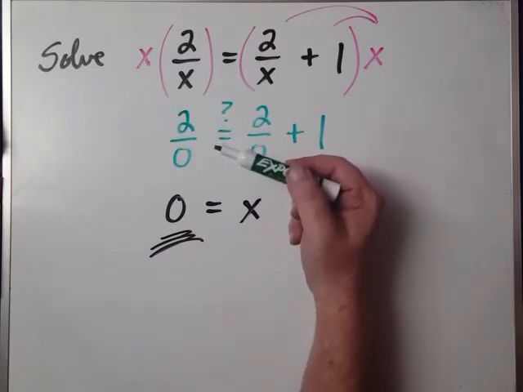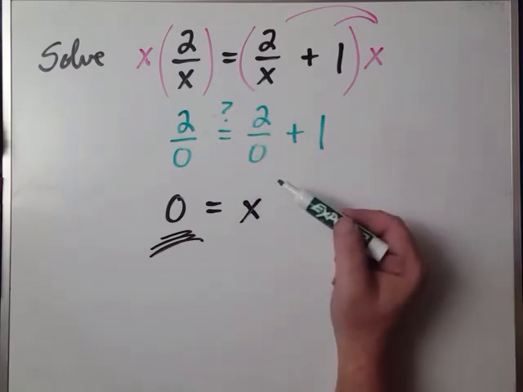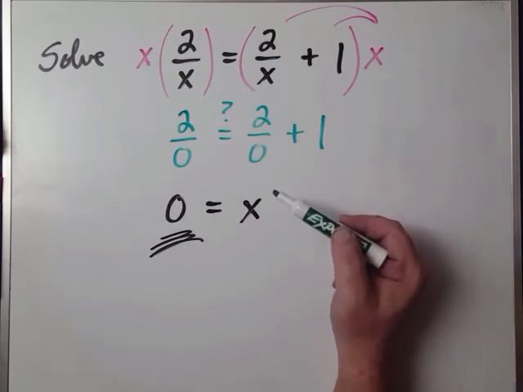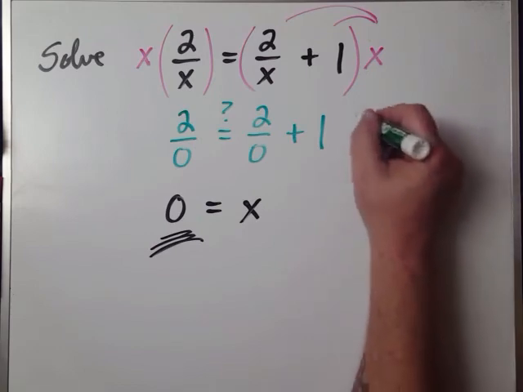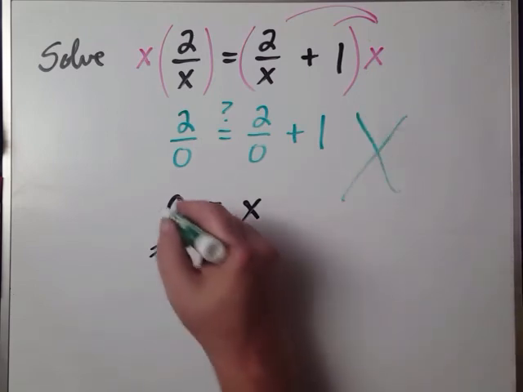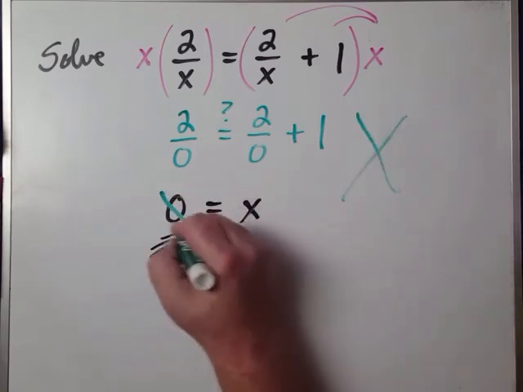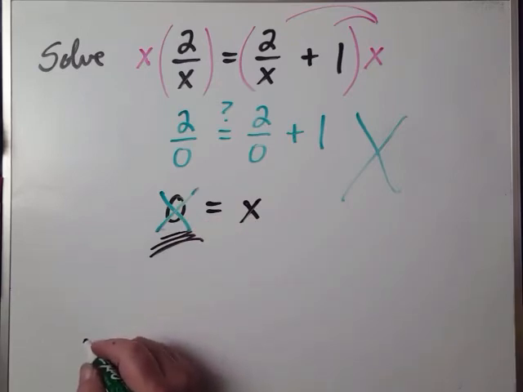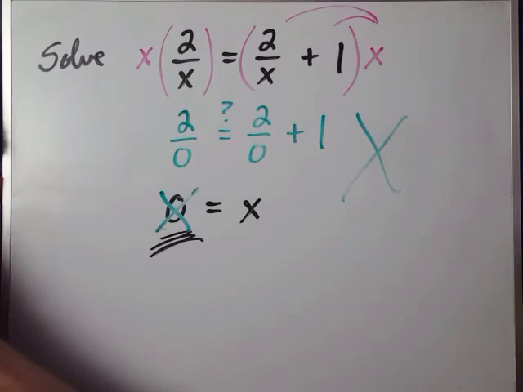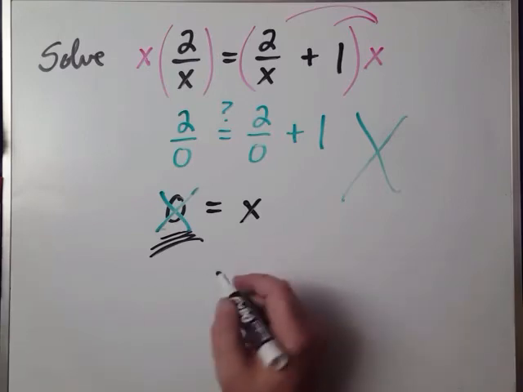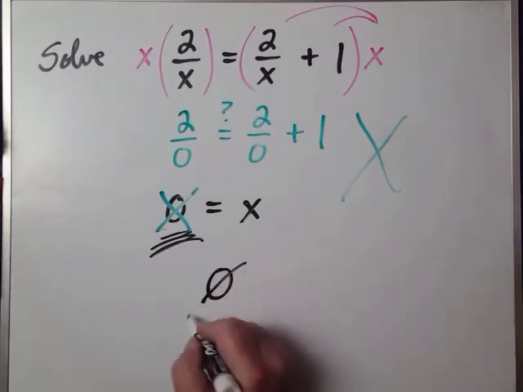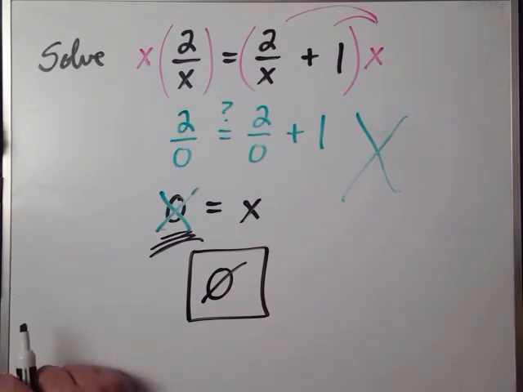Undefined is not a number. Undefined can't be equal to anything, not even to itself. So this does not check, which means that I have to reject this proposed solution. And since it was the only solution available to me, I have returned to the notion that this equation has no solution.